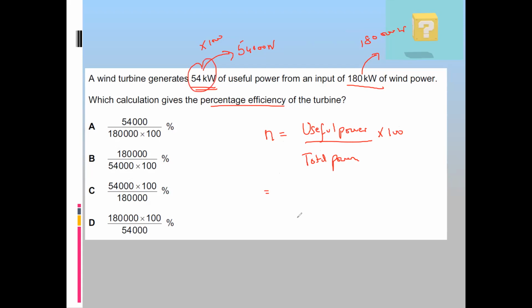It is 54 kilowatt or 54,000, divided by total power, which is 180,000. And this multiplied by 100 is with the numerator. So useful power multiplied by 100 divided by total power. So actually this 100 is multiplied by the numerator. So when you check, it will be C.